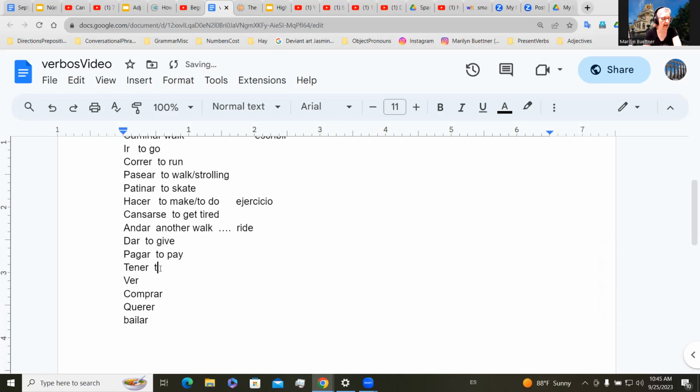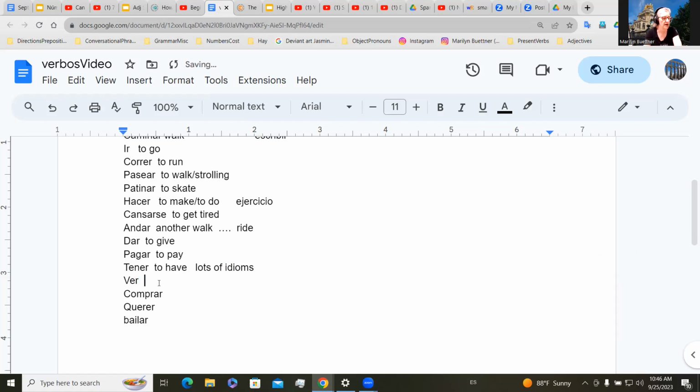Tener is to have. And it's also used with lots of colloquial expressions. It's got lots of special expressions that are not translatable. Let's call them idioms. That's a better term for that. Idioms, especially like tengo frío, I'm cold. Tengo calor, I feel hot.